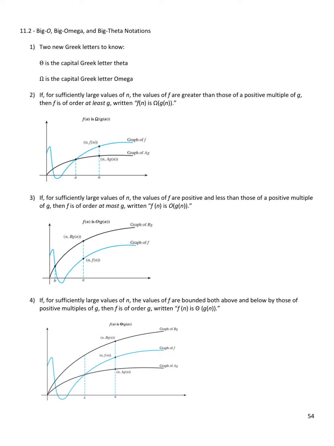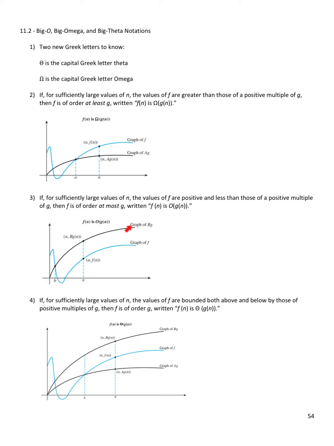All right, so now the reverse. If, for sufficiently large values of n, the values of f are positive, and they're less than those of a positive multiple of g. So here I have a positive multiple of g again, and my f values are smaller than it. Okay, so reverse here. Here I had my multiple of g, and my f values were larger.